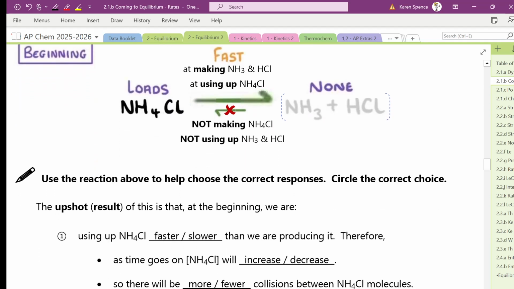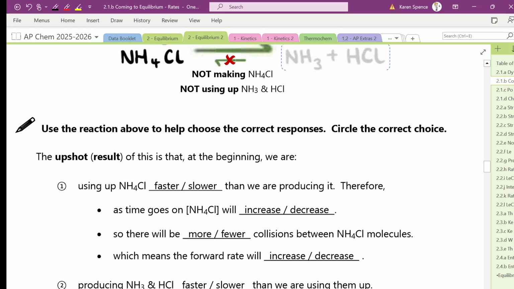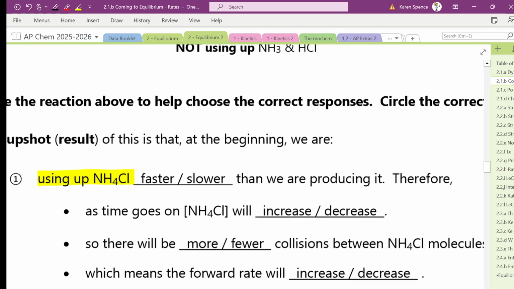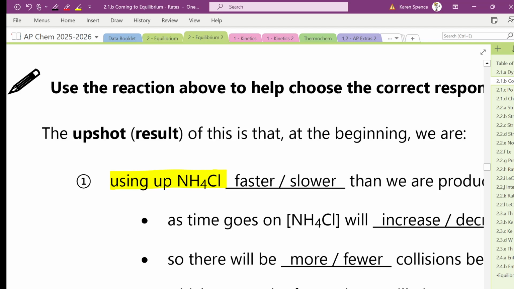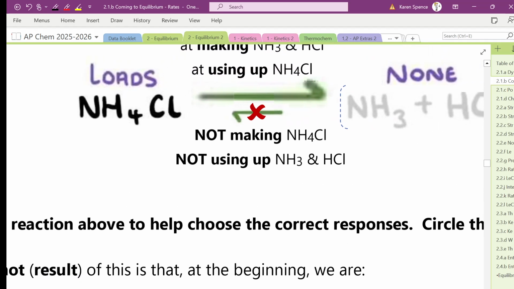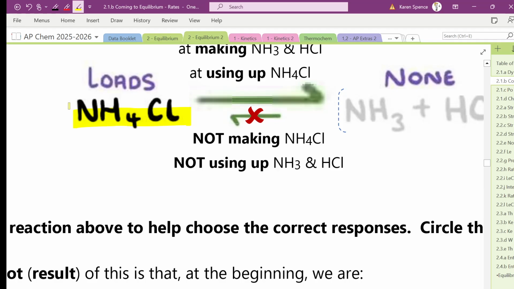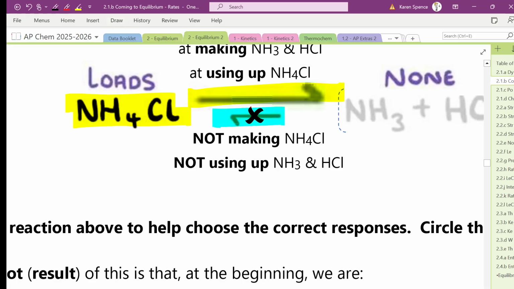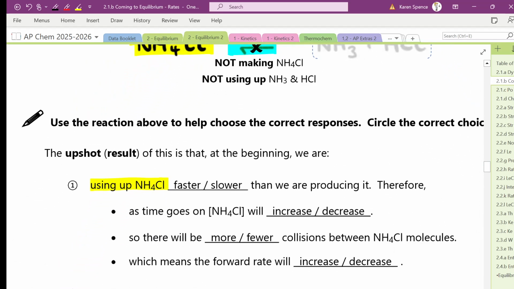Use the reaction above to help choose the correct responses. As an upshot of this, at the beginning, are we using up NH4Cl faster or slower than we are producing it? We're using it up faster than we are producing it.